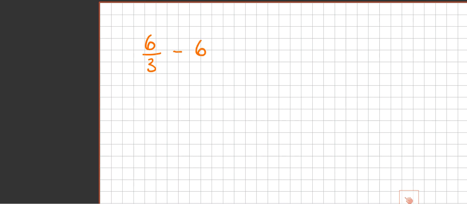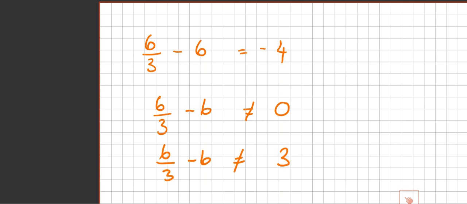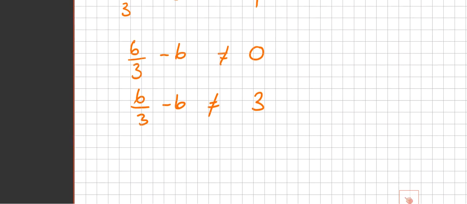Negative 4. Negative 4. What is it not? Plenty of things. What other things were you trying to tell me? 0. 6 over 3 minus 6, this is what a smart one would say: oh, well, I'm clever, because it would be 0 over 3.